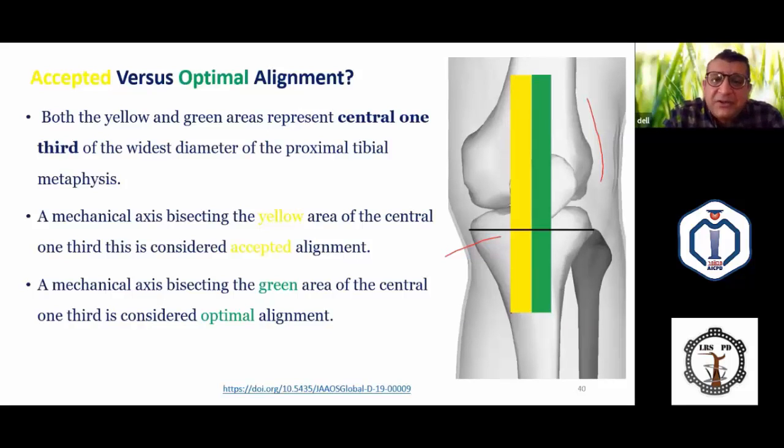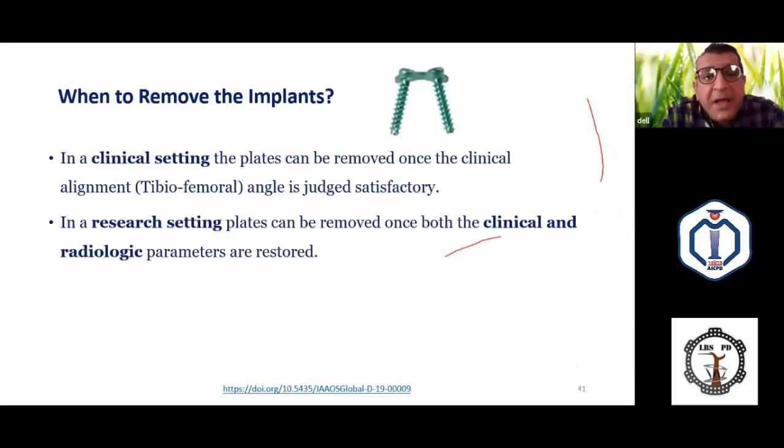So this is accepted versus optimal. It's an attempt to grade or improve results, but it's not really basic here. Again, to avoid confusion, get the mechanical axis into the central 1/3. This is okay. This is a little bit more detailed classification.